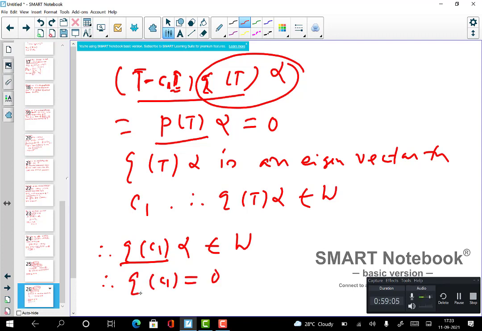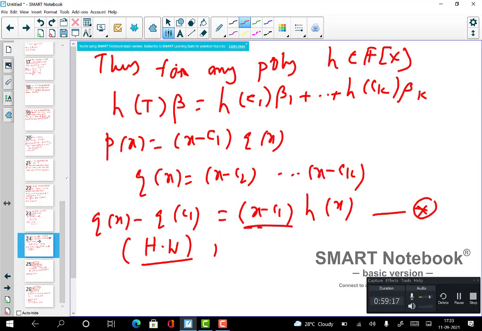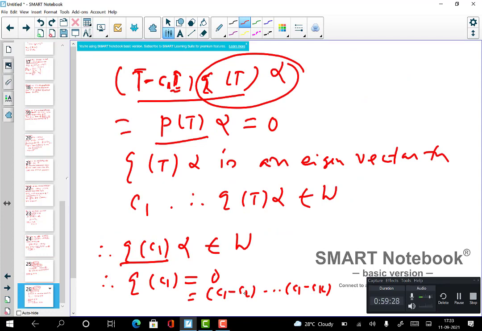But q(c1) is nothing but (c1 minus c2)...(c1 minus ck), because q(x) is of the form (x minus c2) to (x minus ck). When you replace x by c1, it will be (c1 minus c2)(c1 minus c3)...(c1 minus ck). The product of this is impossible to be zero, because I chose c1, c2, ..., ck all distinct, right? So this cannot be possible.